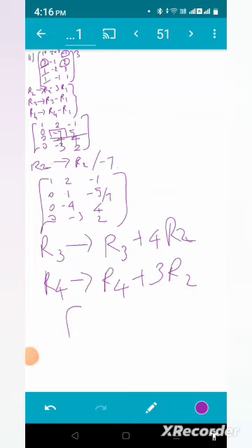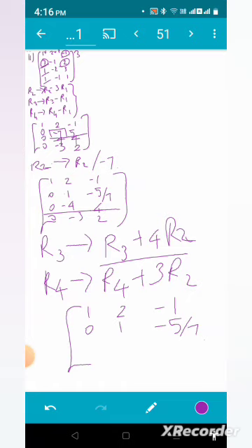So we get the first row, it's not any changes. So I can put this as it is, the same. Second row is also not any changes. Third row is R3 plus 4 R2. This is 0 into 0, anything times 0 is 0.